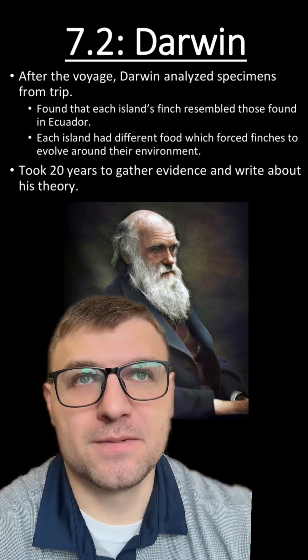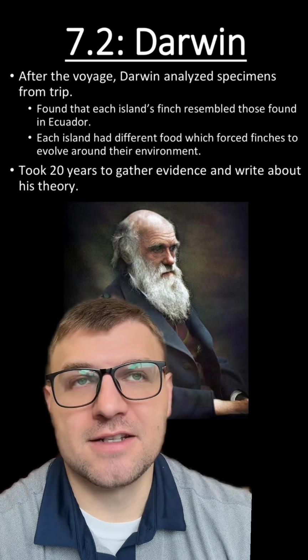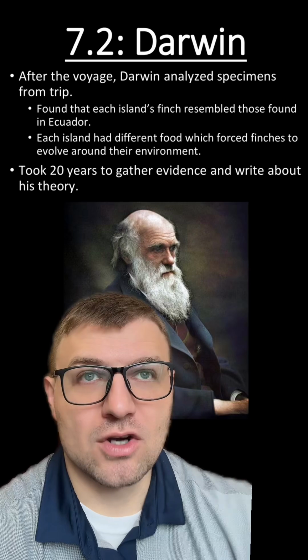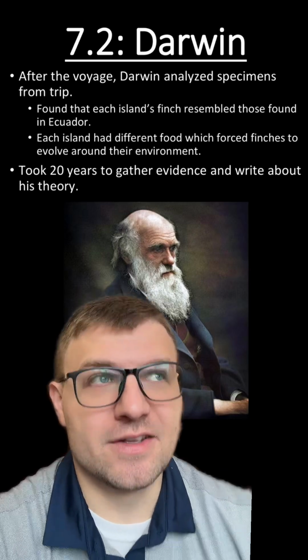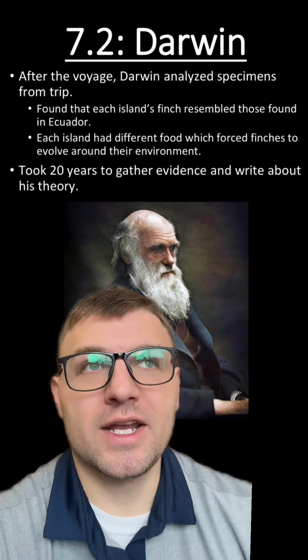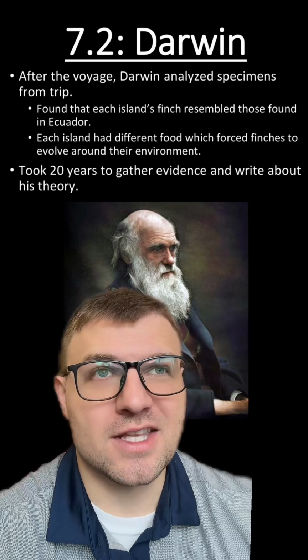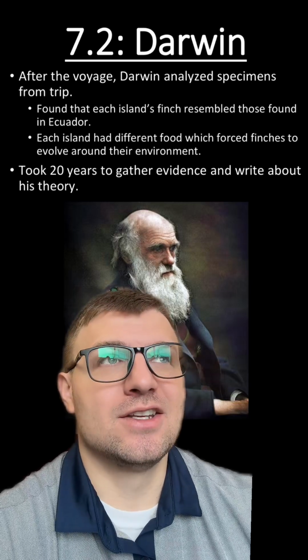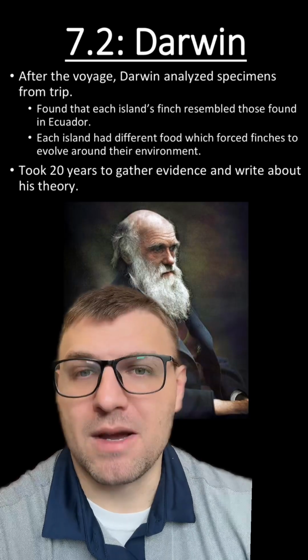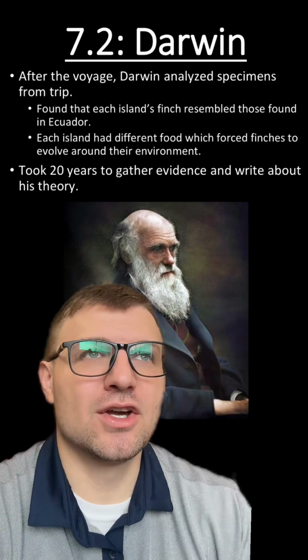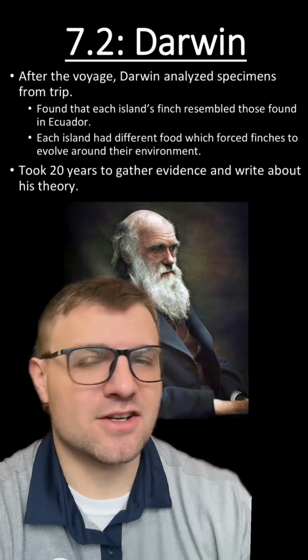That's another major difference between Darwin and all the other scientists from 7.1, is that Darwin collected data and evidence and his understanding before he actually published his work. He did a lot of the grunt work of just analyzing data and just writing about his theory before actually publishing. Now, I know we haven't actually gone over what natural selection is. That's going to be in the next section.